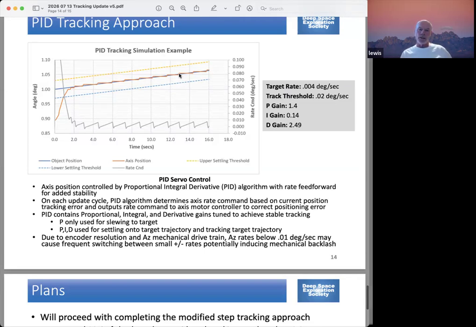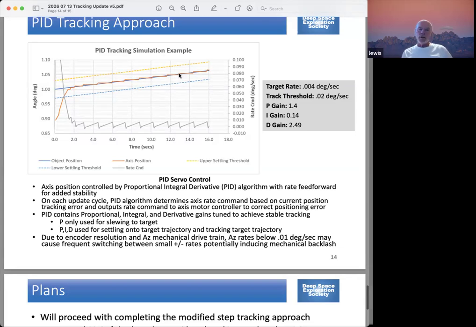And the way the PID works, on each update cycle, it gets the current position of the mount, it gets the current position of the object, computes the error of that, and then it uses that error information to compute a commanded rate. And the commanded rate is based on these P and I and D parameters.